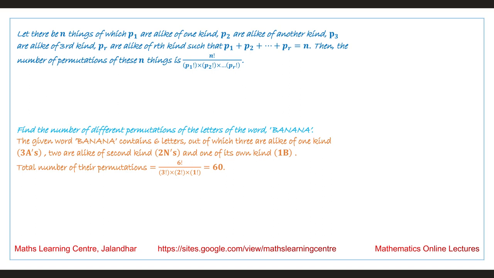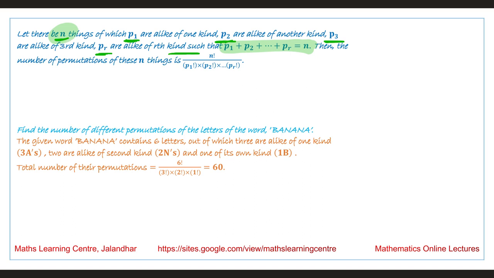Next, let there be n things of which p1 are alike of one kind, p2 are alike of another kind, p3 are alike of another kind, and likewise pr are of another kind, and the sum of all these values p1, p2, p3 up to pr is equal to n. The total number of things is n.